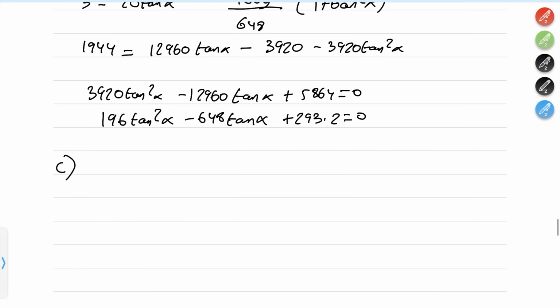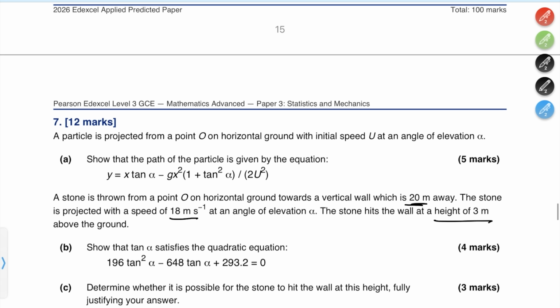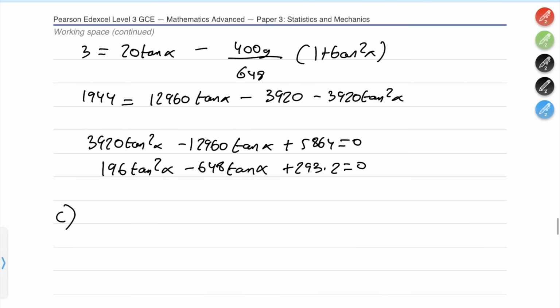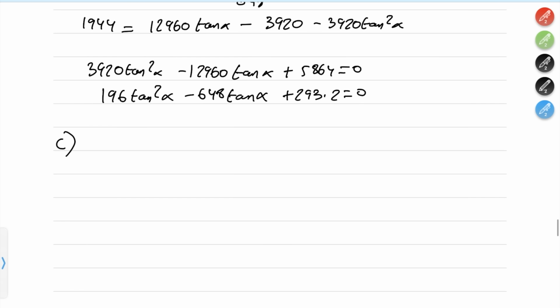Now, determine whether it is possible for the stone to hit the wall at this height, fully justifying your answer. So we have to determine, so although it does say the stone hits the wall, we have to show that it is possible. That's all it's asking us. So let us find out the solutions for this.